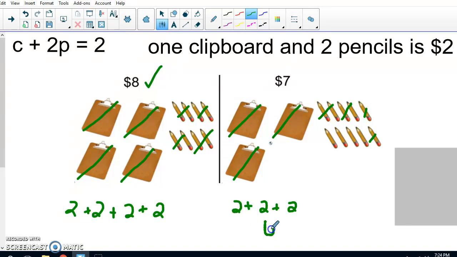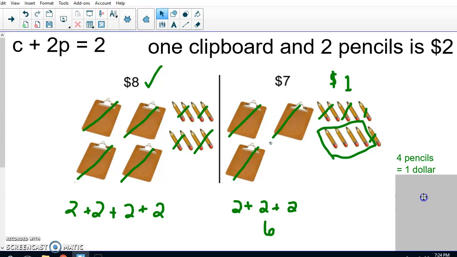I have spent $6. Well, what's left if Denise spent 7? There's still $1 unaccounted for. And what's unaccounted for in our picture? We still have 4 pencils left. So what can we conclude? Those 4 pencils are equivalent to $1. And if we go further, that means that each pencil is 25 cents.